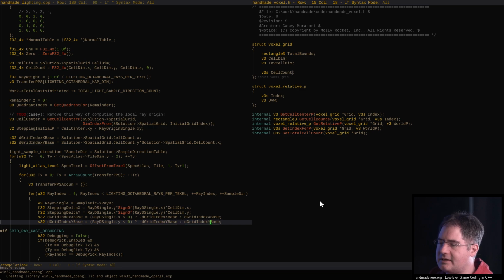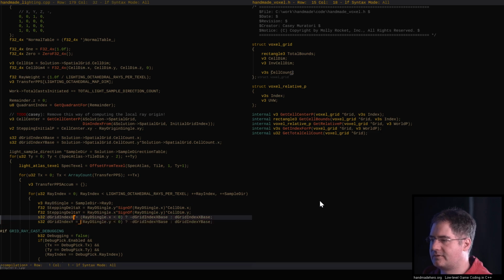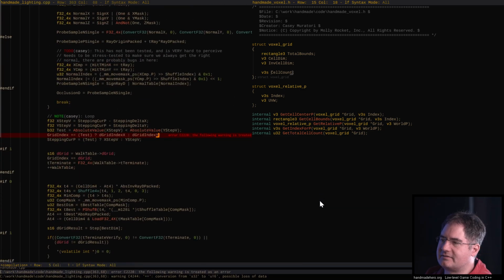So we probably need to figure out a better way to do that stepping. It might almost be better to do it in the SIMD registers and then just move the value out just one time to do the lookup or something. That seems not good.